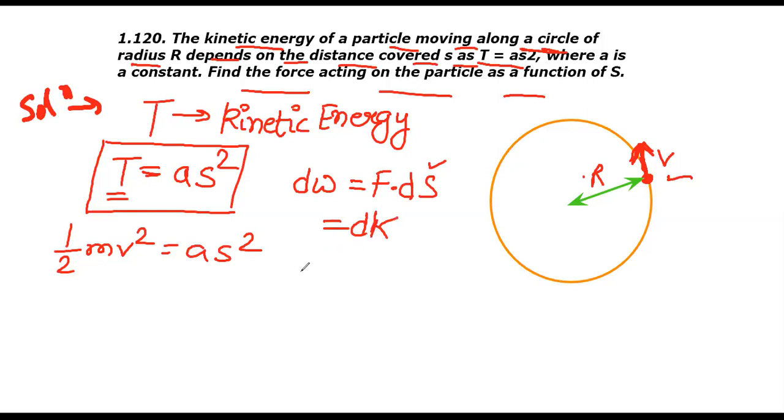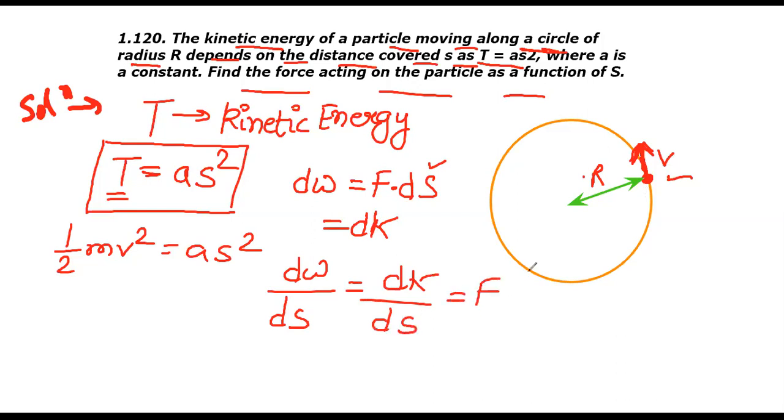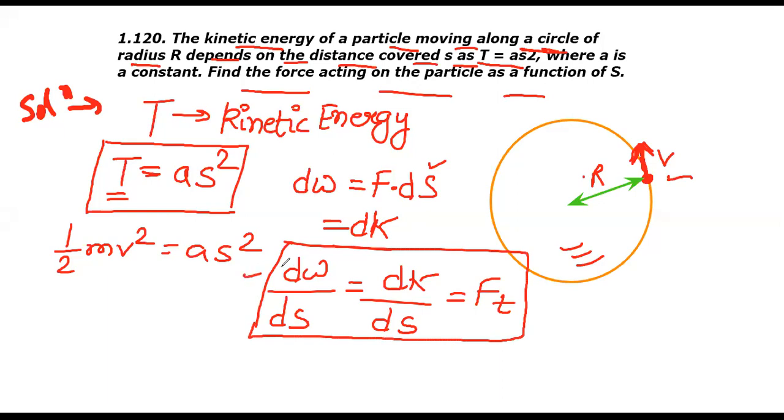So if we take dW by ds, and also dK by ds, it will be equal to force, and in the circular motion case it will be equal to the tangential force. So dK by ds, which is kinetic energy differentiated with respect to distance along the curve, is equal to the tangential force.